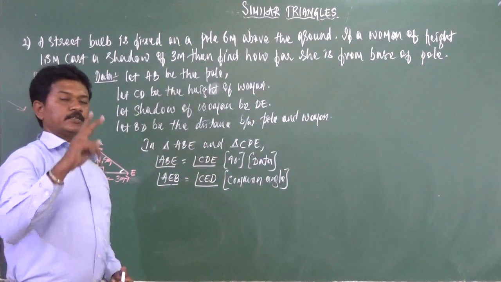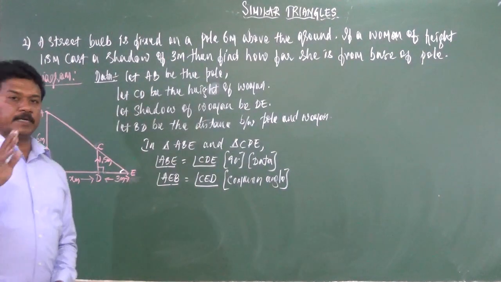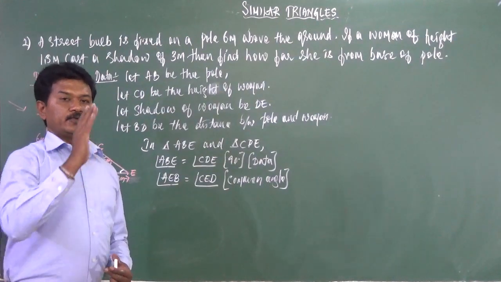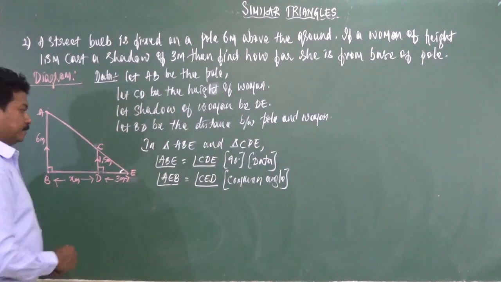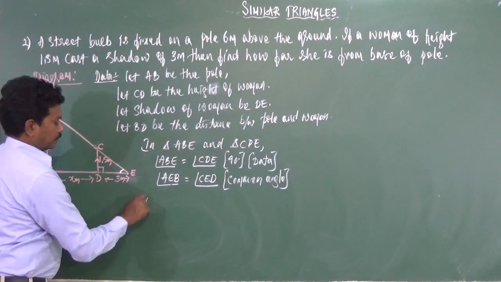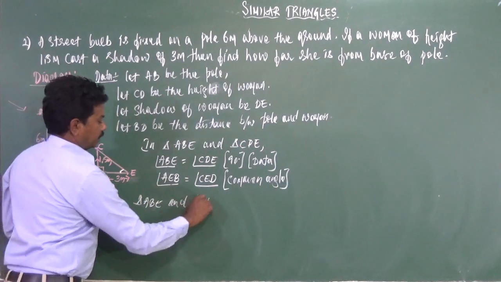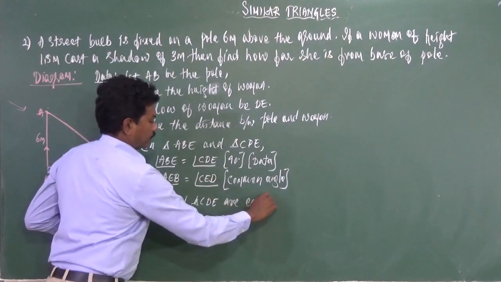In two triangles, if two pairs of corresponding angles are equal, then we can call them equiangular triangles. According to the AA criterion, if two triangles are equiangular, then they are similar. So we'll write that triangle ABE and triangle CDE are equiangular.